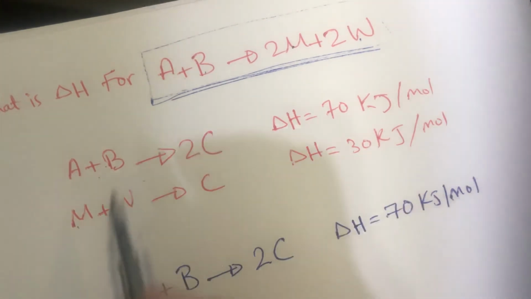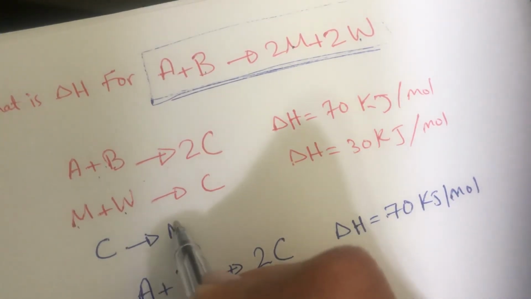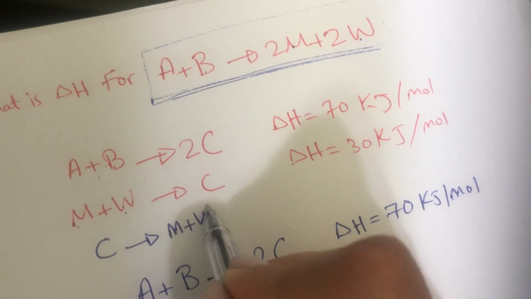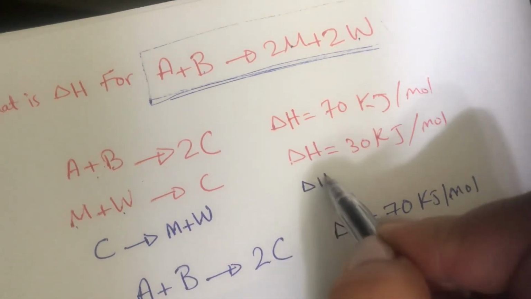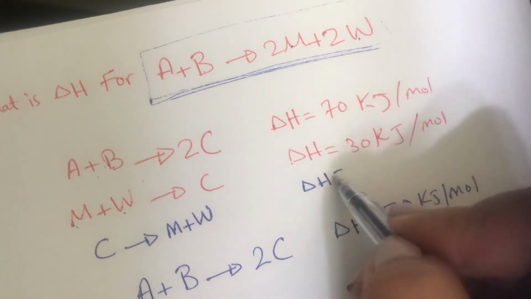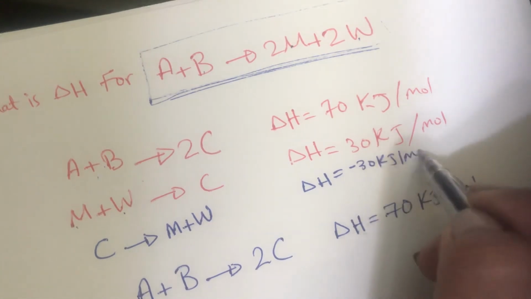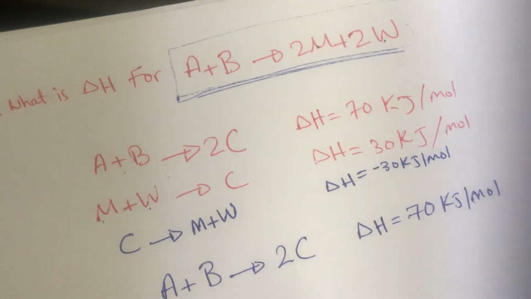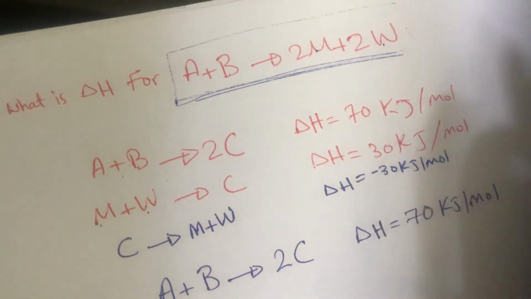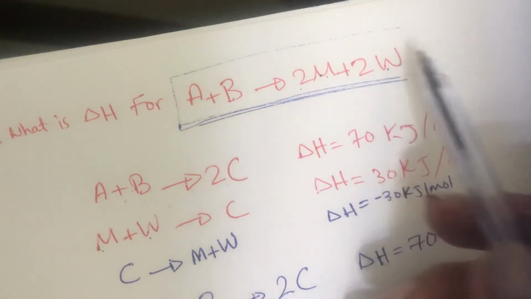So here C produced M plus W, so for delta H you have to change the sign. Instead of positive 30, negative 30 kilojoule per mole. This is the first change. Okay, here in the reaction you have 2M plus 2W.